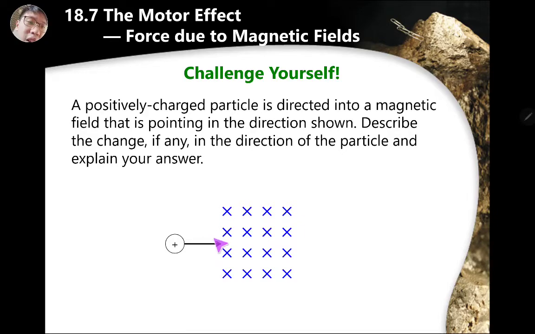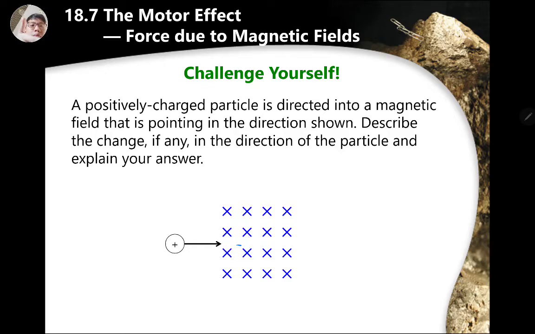Now the direction of current is the same as the direction of where your charge is going. So current is this way, field is into your paper, force, field, current, it will experience a force upwards. So as it goes this way, it will experience a force upwards and so it will start to move up. Can you imagine?